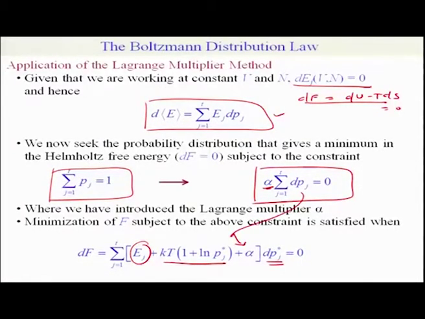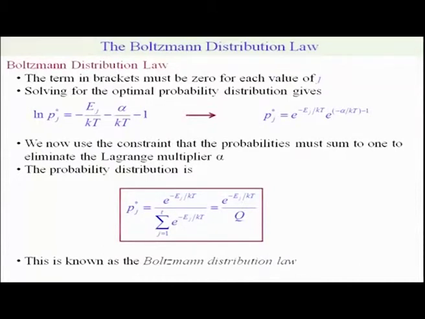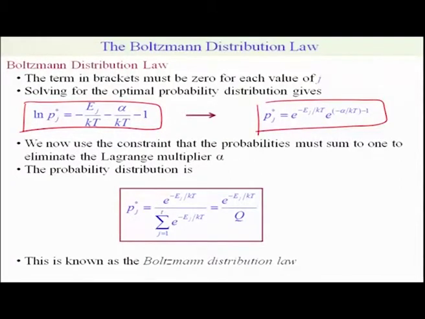This is the function which we have to minimize using the Lagrangian multiplier, and the expression within the bracket must be 0. Based on that, we can calculate this expression. From here we get an expression for P_j. The star indicates that this is the probability corresponding to the minimum value of F.